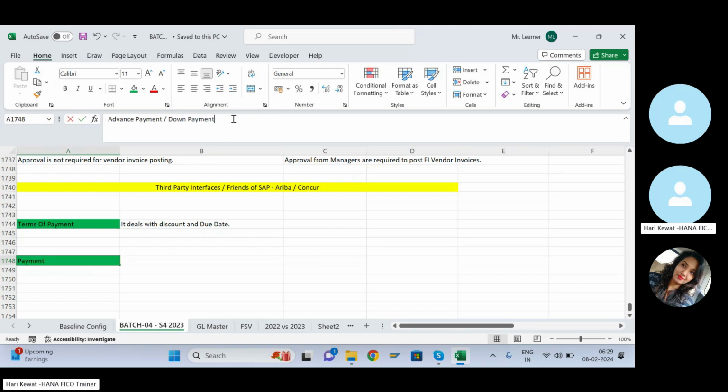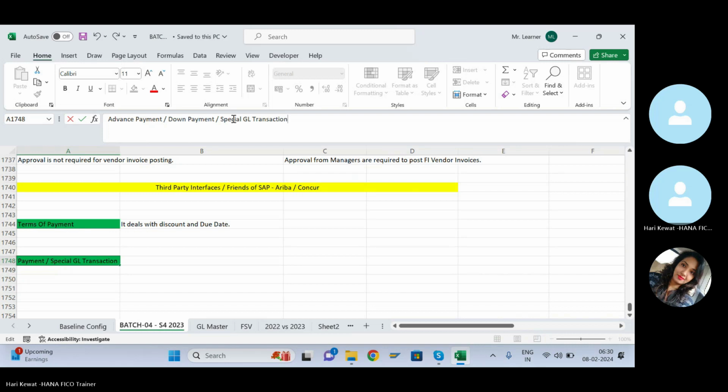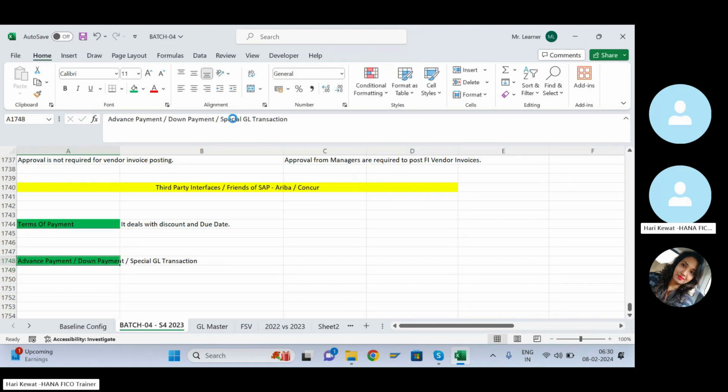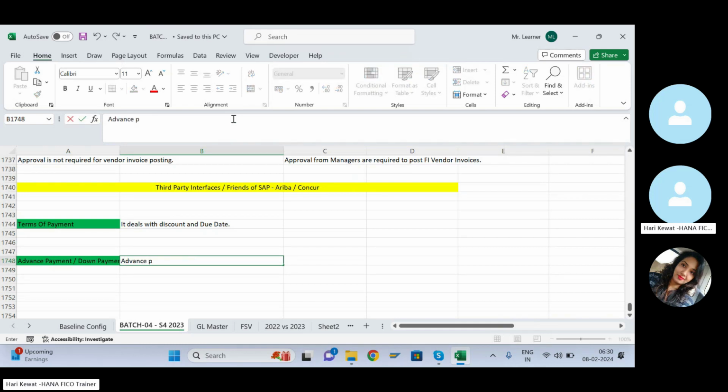In SAP, we also call it a special transaction, or special GL transactions. So the down payment process is also very important. Let me write here: advance paid to vendor before purchase.